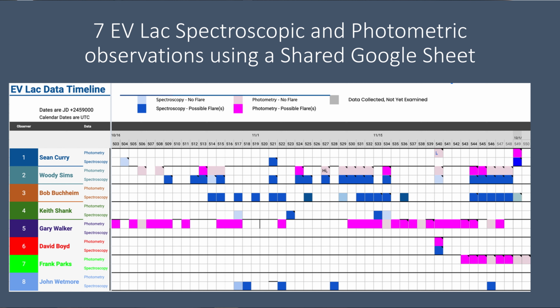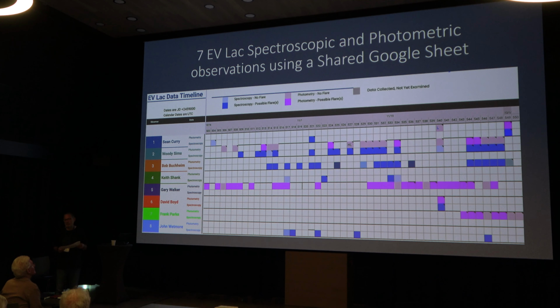Quite a lot of problem solving goes into this. We share the Google Sheet, which was an attempt to manage large numbers of spectra. We're now looking at other ways of saving the spectra as time progresses. We just keep getting more and more spectra.